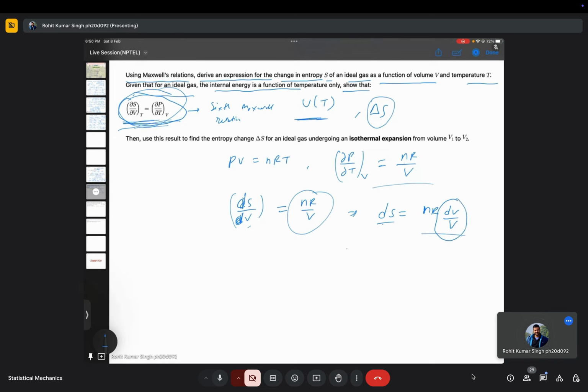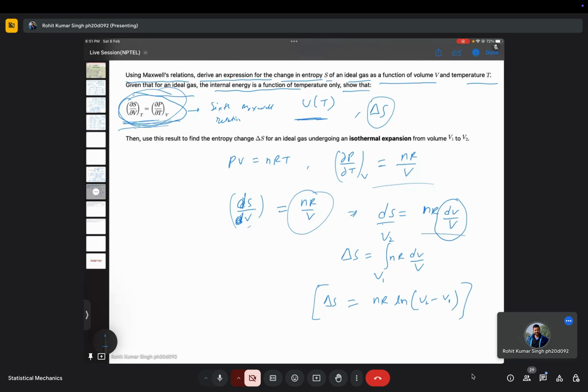So for a finite change, for a large change, you can just integrate it from V1 to V2. nR is a constant, and this will give you log of V2 over V1.